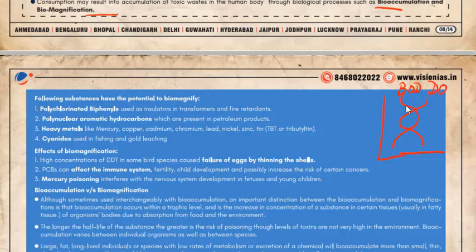As the biological oxygen demand increases, dissolved oxygen decreases. This is the figure we made for pollution. The upper stage is the clean zone, where the dissolved oxygen is more and the biological oxygen demand is less. When we pollute the water body, the biological oxygen demand continuously increases and the dissolved oxygen decreases.